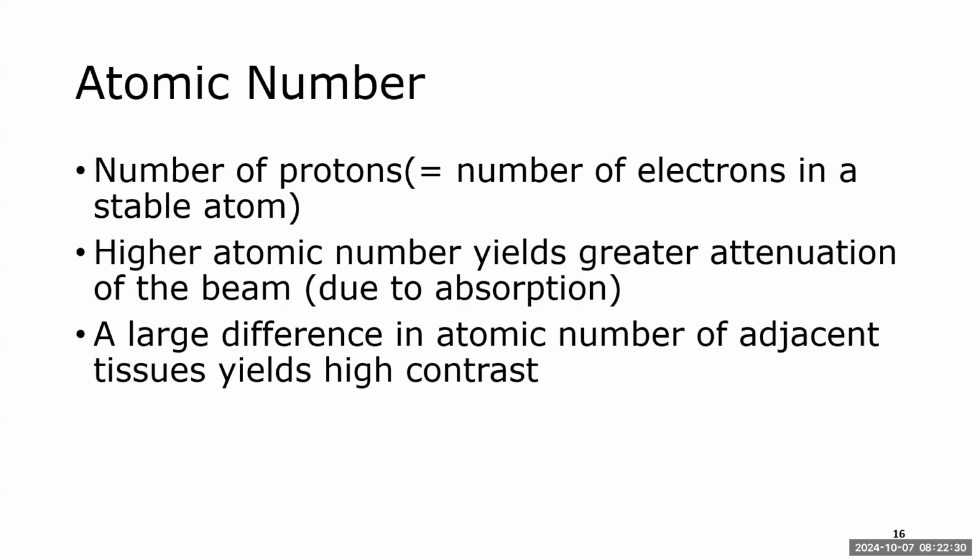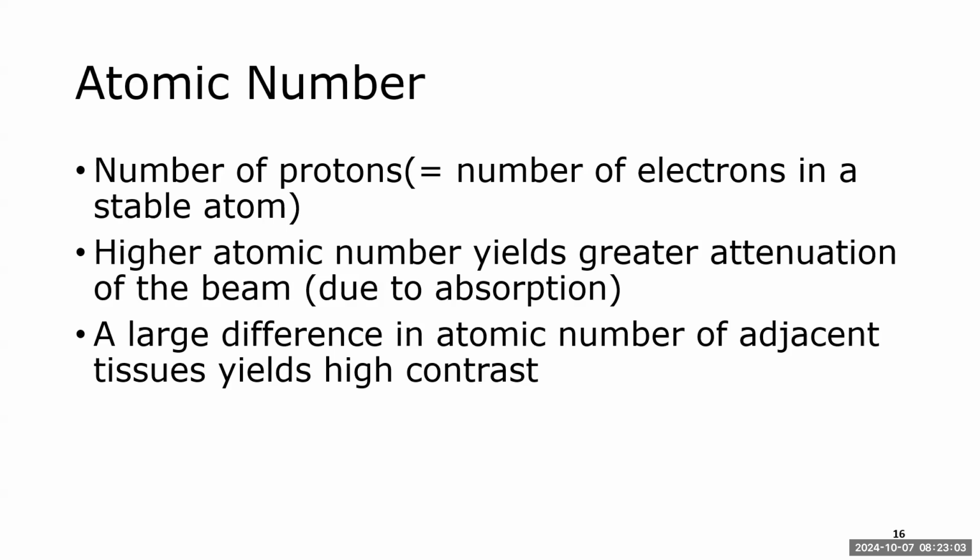But remember that atomic number is the number of protons, which should equal the number of electrons in a stable atom. Higher atomic number yields greater attenuation of the beam due to absorption. So again, your higher atomic number structures are going to have greater attenuation because there's a greater chance that the photon's going to be absorbed. Okay? So a large difference in atomic number of adjacent tissues yields high contrast.